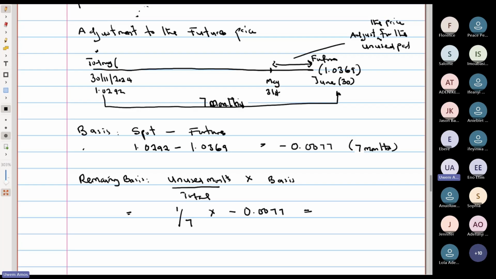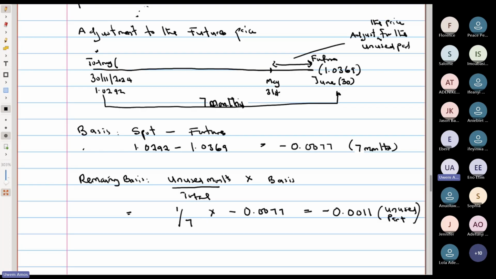So what do we have? Minus 0.0011. So this is the unused part, what is called the remaining basis, what is also called the unutilized basis.